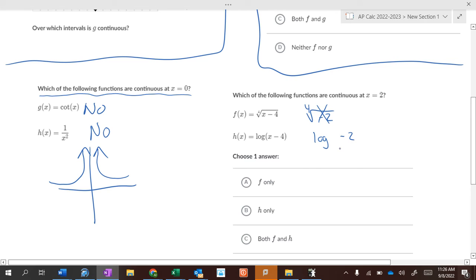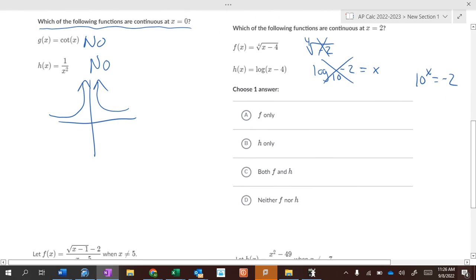You have to remember how logarithms work. If there's no number down here, the base is 10. 10 to what power equals -2? Nothing. So it's neither. You'll have some like that.